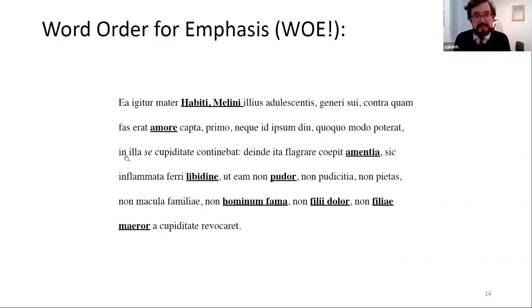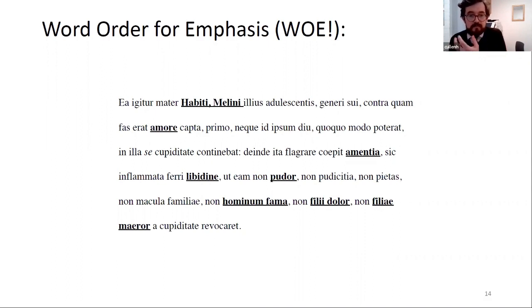Even in that first line, you've got the two genitives, which seem like they're in parallel, but actually they're not really, because you've got the mother of Habitus, and then Melinus is captured by love of Melina. So you've got them working as genitives in slightly different ways, but deliberately contrasted by word order, arguably.